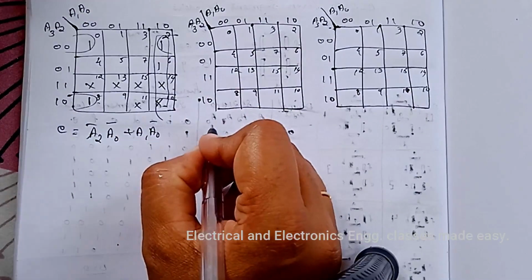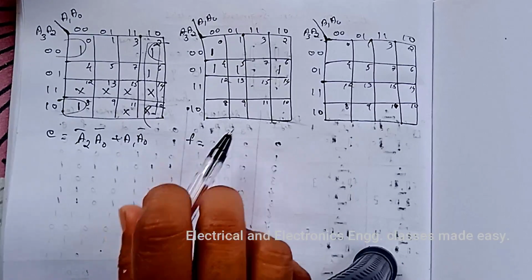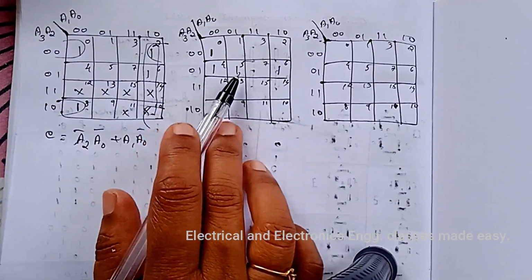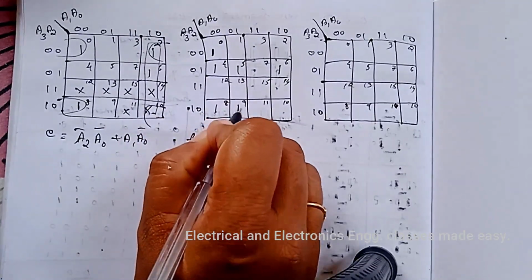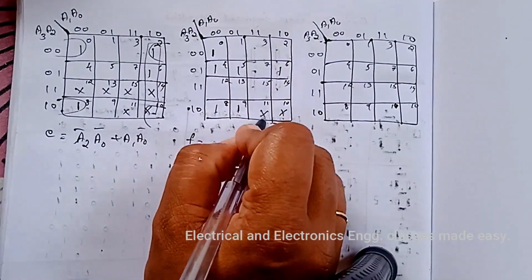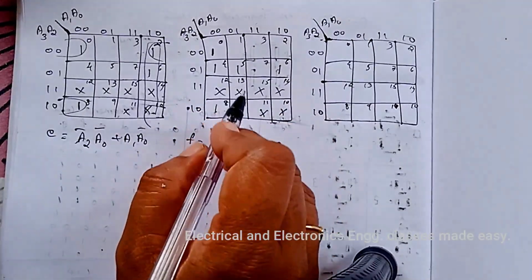Next is minimization for F. For F, 0, 4, 5, 6, 8 and 9 are present. 10, 11, 12, 13, 14 and 15 are don't cares.